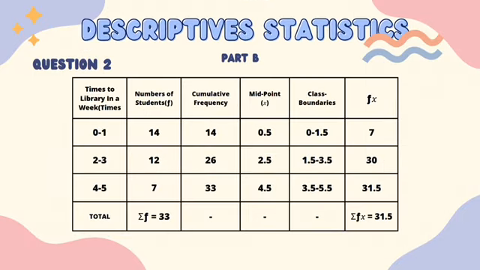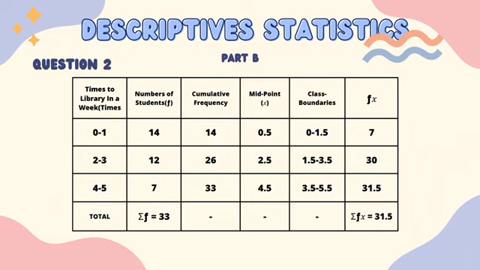Next, we move to question 2, part B from our survey, which asks how many times students go to the library in a week. The table of data presented on the slide now is what we got from our study. As we can see from the table, the number of students for our study is 33 respondents in total. The feedback we got from our survey is that most of the students in UiTM go to the library none to once a week.